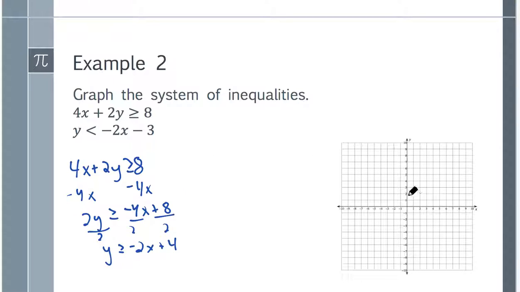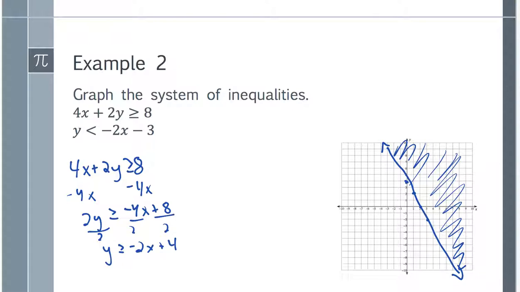Let's graph that. We go to plus 4 and graph the y-intercept. Go down 2 units, over 1, down 2 units, over 1, down 2 units, over 1. It is a solid line that goes through those points, and we're going to shade above. Here's my region for that. Now for the next equation, we go down to minus 3.